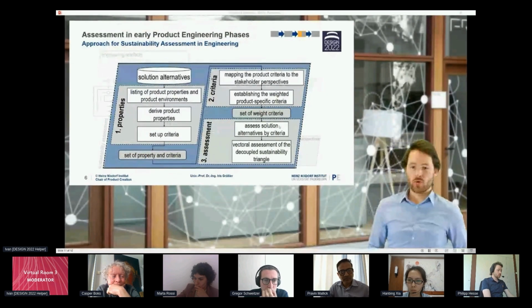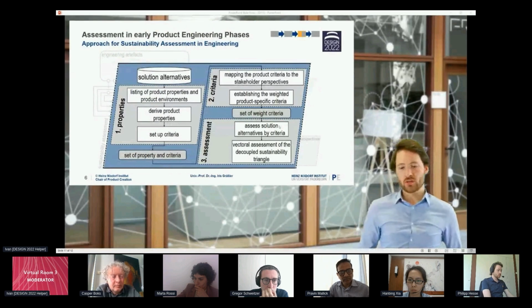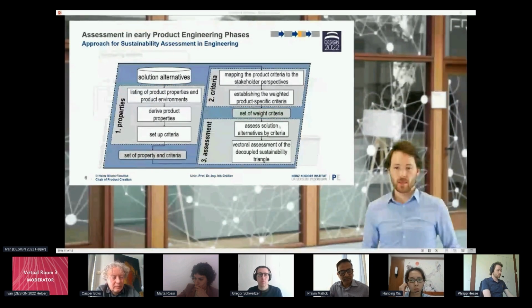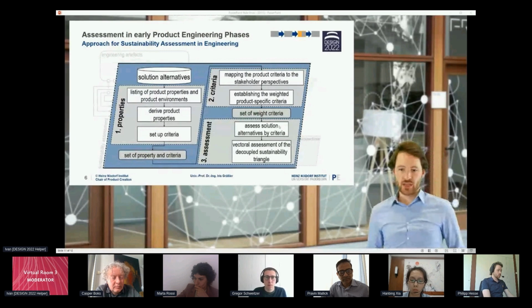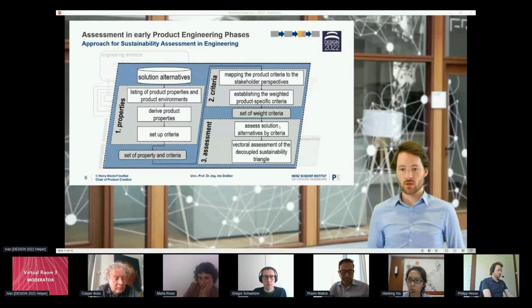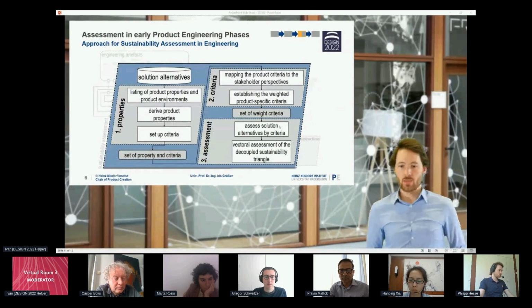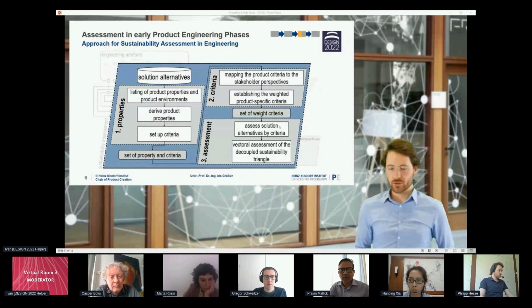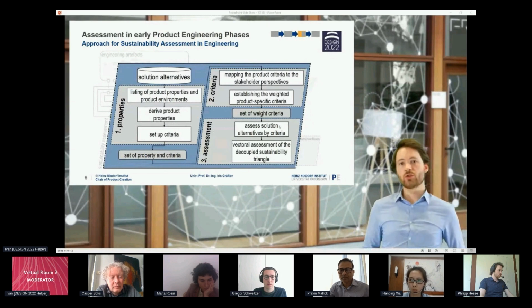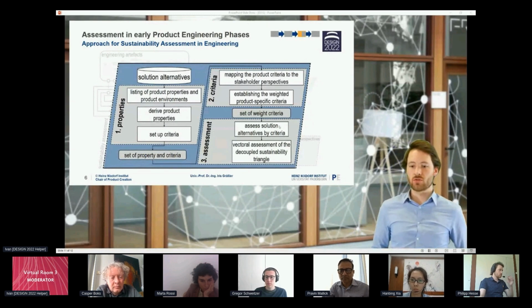First, with the properties, we generate the relevant properties and the relevant criteria. In the second step, the criteria are weighted by the different stakeholder perspectives and targets of the product. And the weighted criteria go into the third step to assess the different solution alternatives. The result is added into the decoupled sustainability triangle.